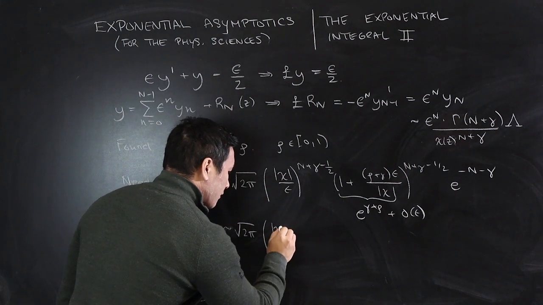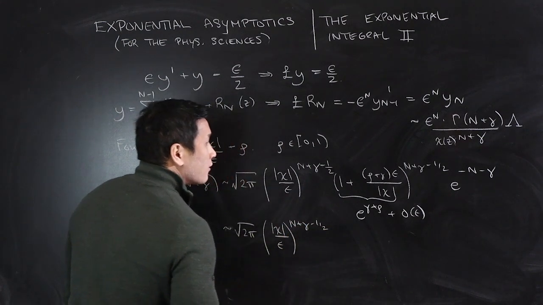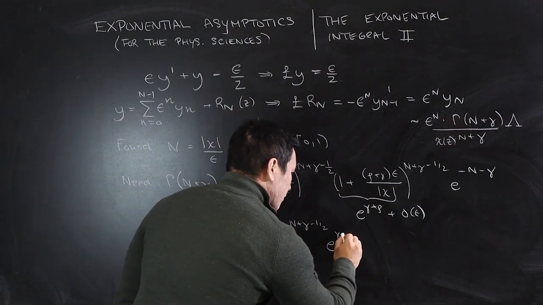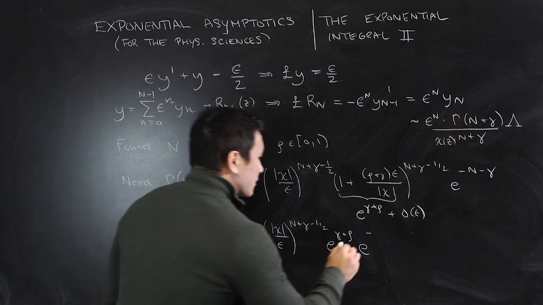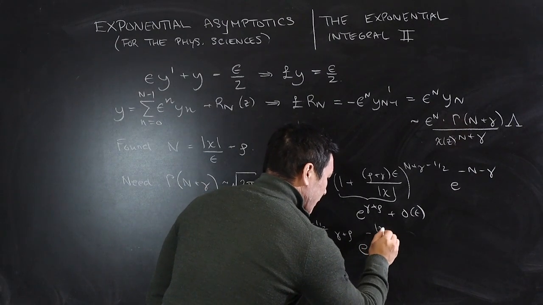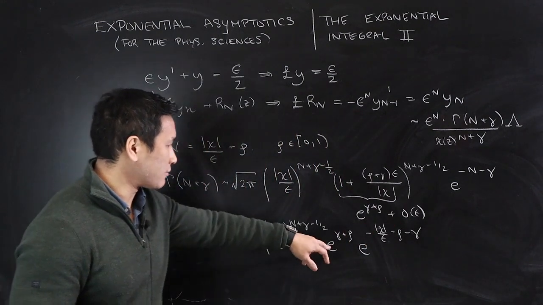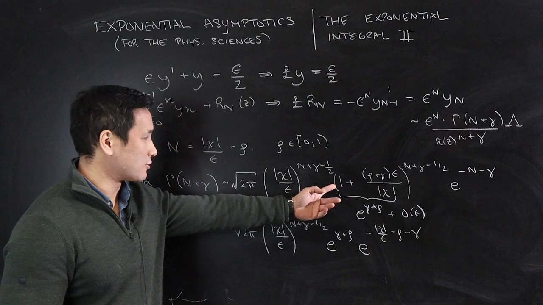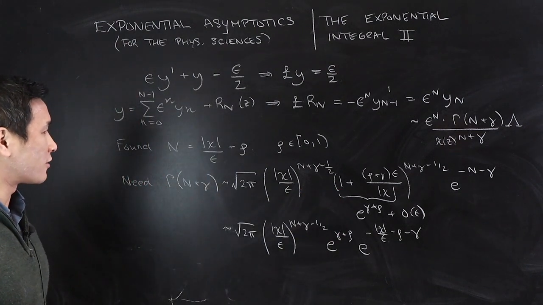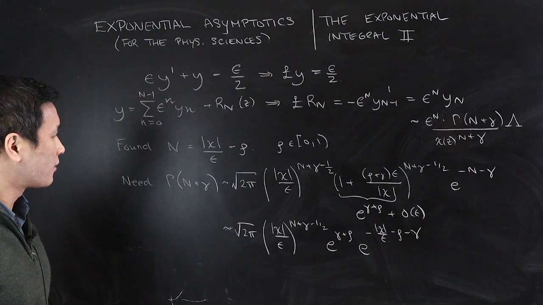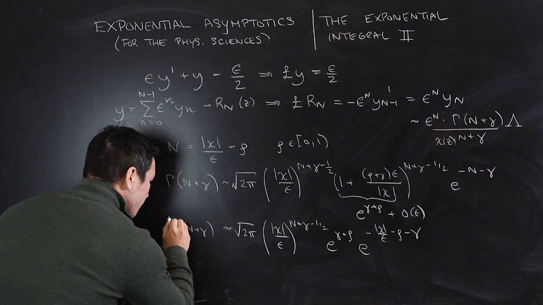This is mod chi over epsilon to the n plus gamma minus 1/2. And then I'll just simplify this one as e to the gamma plus rho, and then this is e to the minus r over mod chi over epsilon minus rho minus gamma. So you can see that the gamma plus rho cancels with that gamma plus rho, which is why it was quite important not to consider it to be 1. You actually had to find the right factor here. Okay? Right. So we have an expression for the gamma function that we're going to use.